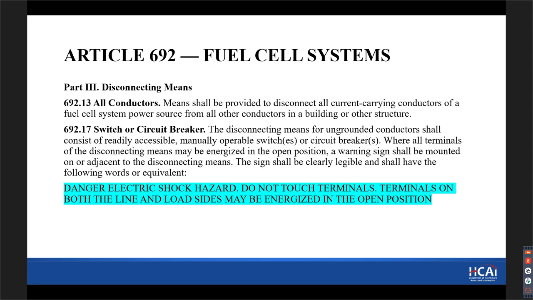Again, the fuel cell systems have a unique situation where they might be disconnected but still generating power. So it's required to have a label that electric shock could occur, that the terminals could still be hot even though the output breaker is open.